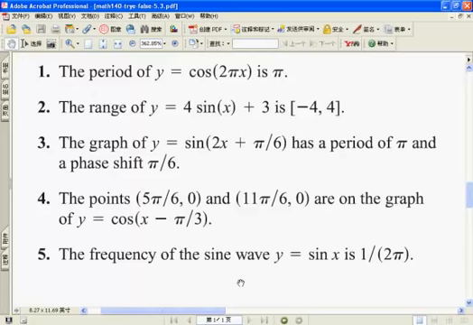Then what is the frequency of this function? 2 pi? Oh, yes, the period is 2 pi, right? The frequency is the reciprocal of the period. So it's really equal to 1 over 2 pi. So it's true.